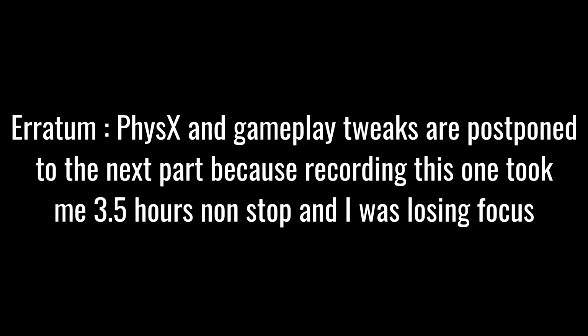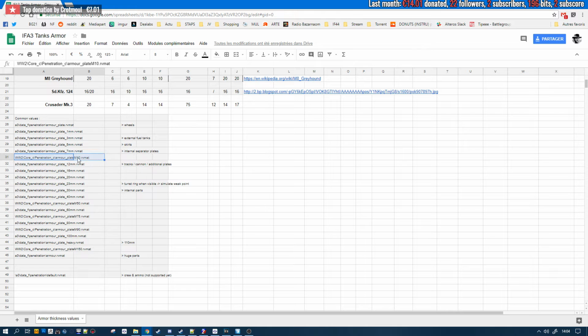You can see on the list that most are vanilla materials, so 1, 3, 5, 7 millimeters, and this 10 millimeter plate is defined in Ironfront, so you can create it by duplicating RVMat and BSurf files and editing them. Then you have the thicker plates over there.